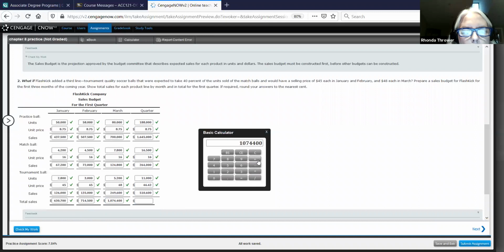And then you're going to combine all three of these together, or you can do these right here. It should all add up to be the same. So I'm going to start with this 1,645,000. I'm going to add 264,000 to that.